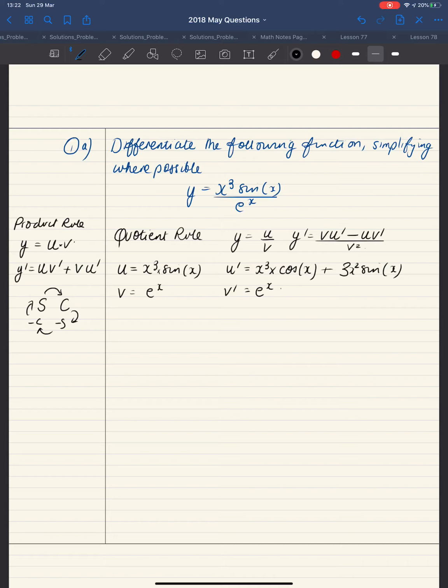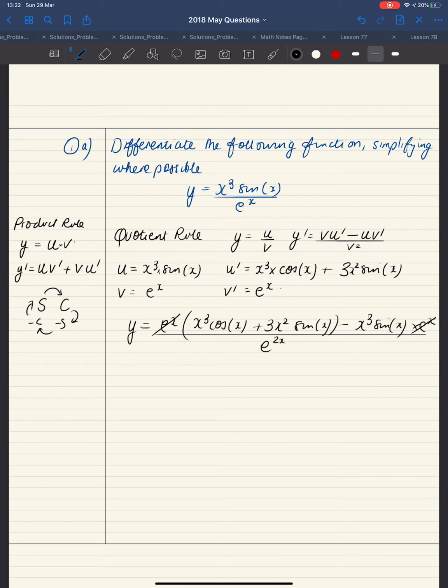So when we substitute in, it does say simplify where possible. So y dashed is v u dashed minus u times v dashed, all divided by v squared, which is e to the 2x.